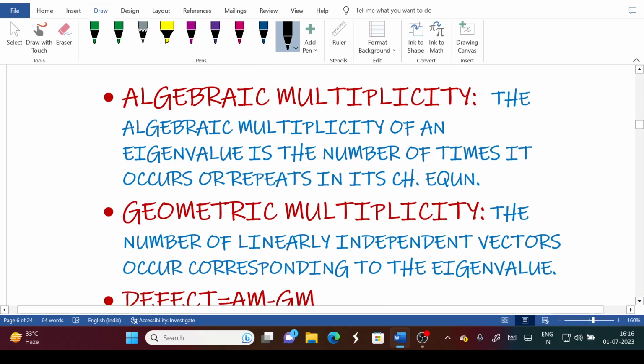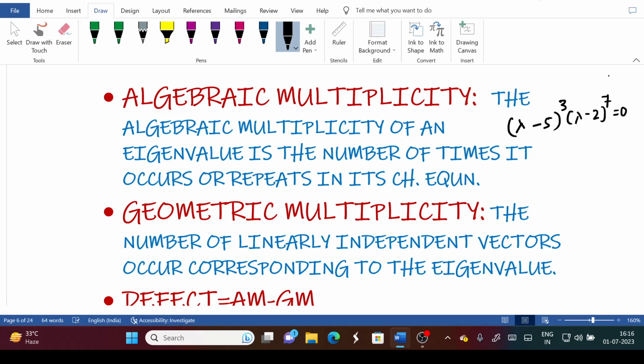The algebraic multiplicity of an eigenvalue of a matrix is the number of times it occurs or repeats in its characteristic equation. For example, suppose the characteristic equation of a matrix is (λ − 5)^3 (λ − 2)^7 = 0.